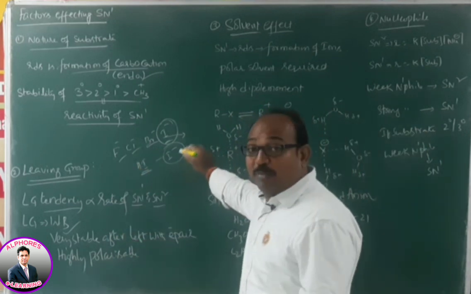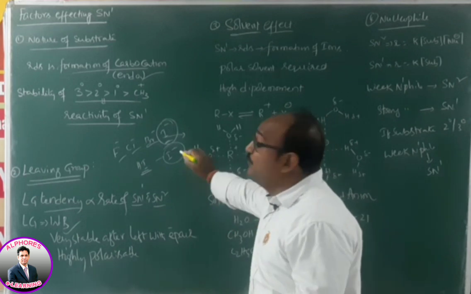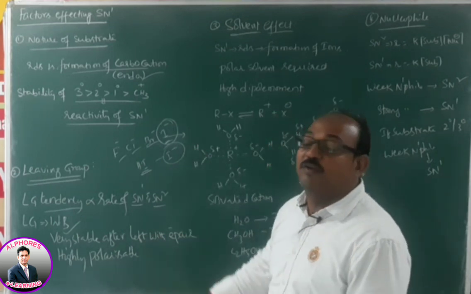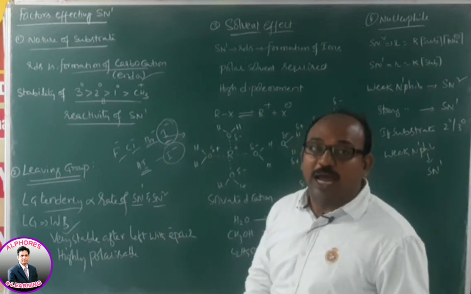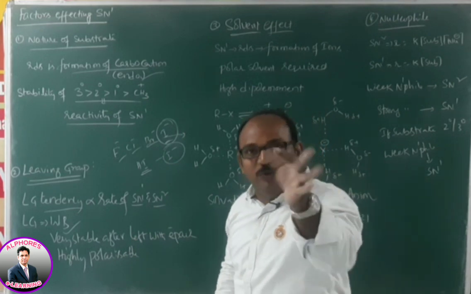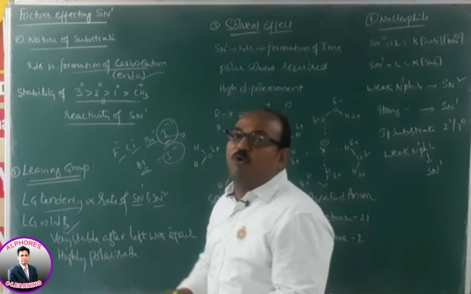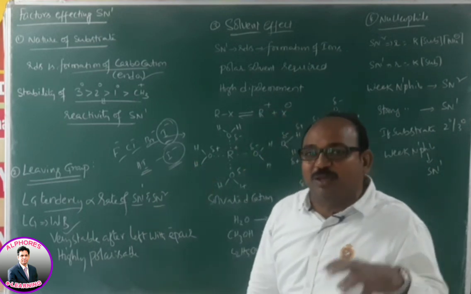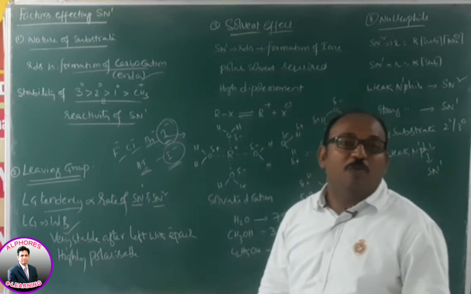So first it is bulky, second it is a weak base, and third it has to stabilize itself with a bonded pair of electrons. Whenever all these cases are satisfied, we can say this one is more polarizable. Being more polarizable, it stabilizes the carbocation more.